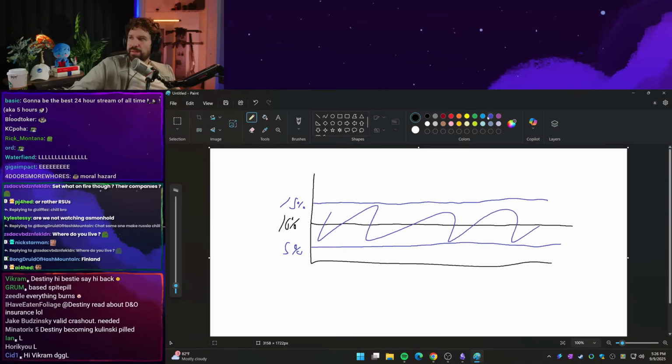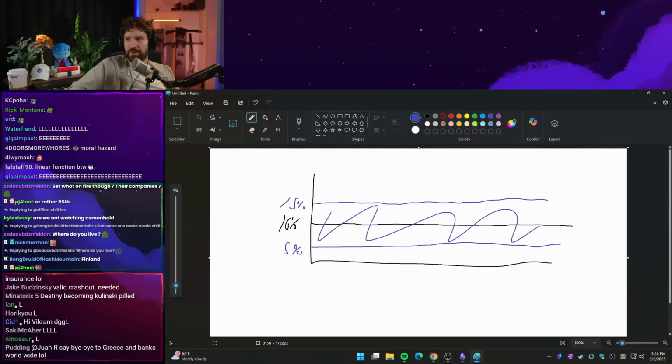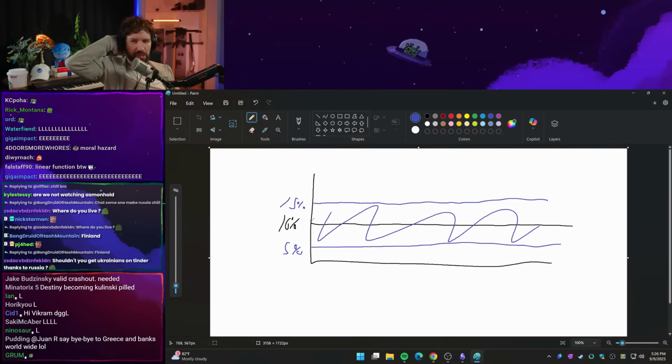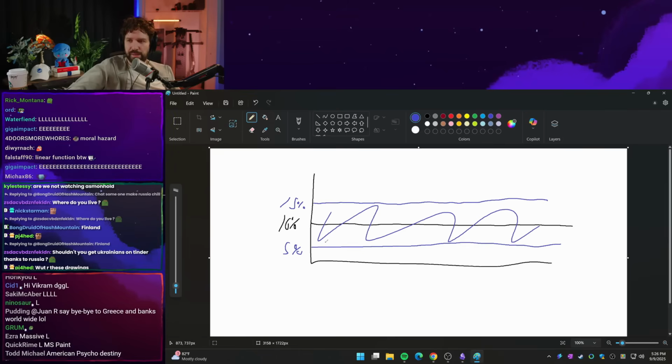If you want to invest in the 5% one, where your risk-adjusted rate of return might be equivalent to the 10%, maybe it's 16 and 6, a little higher, right? If you want to invest in this and you want to run your business this way, I think you should have every right to do so because, God damn it, this is the United States of America and that's a beautiful thing.